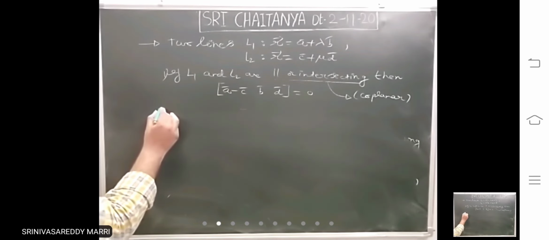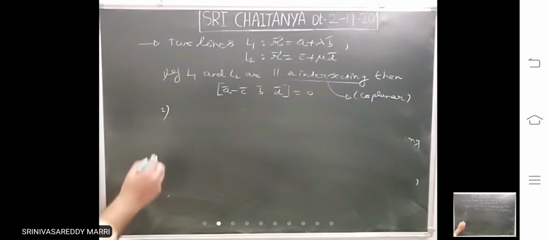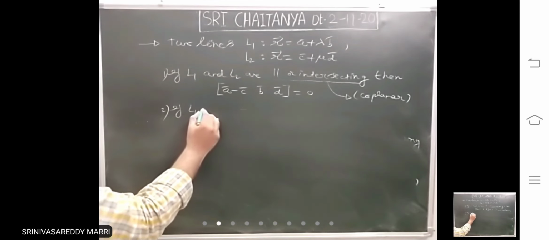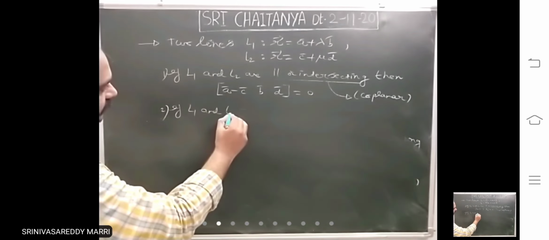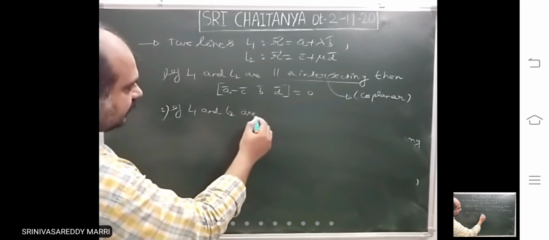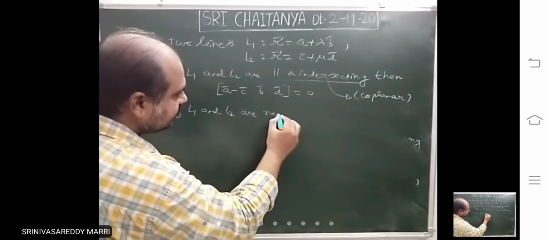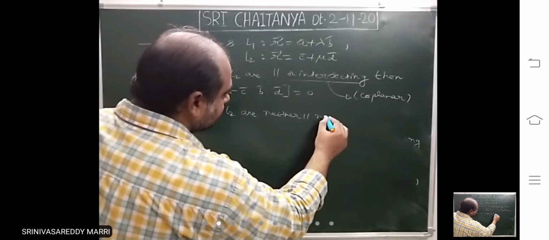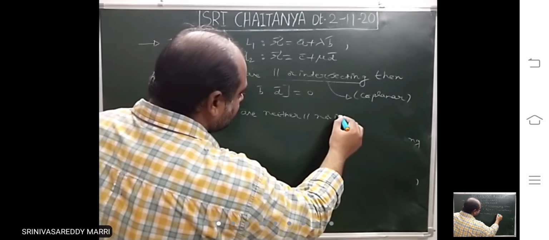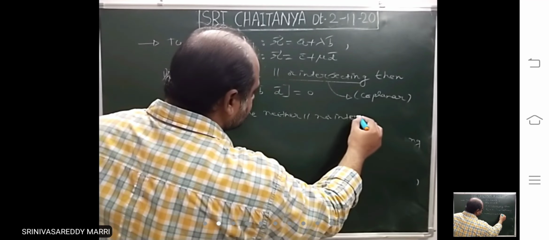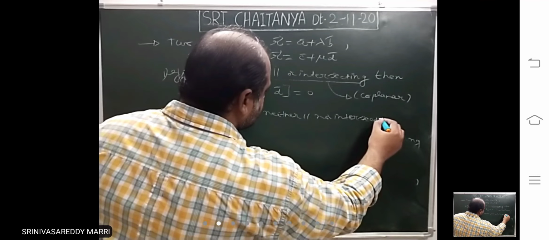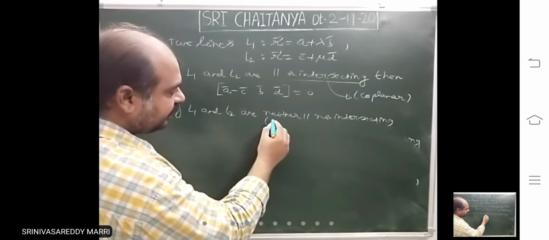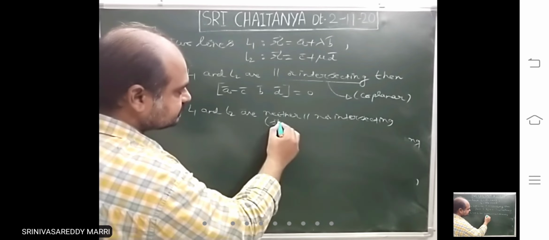Number 2. If L1 and L2 are neither parallel nor intersecting, that means skew lines.